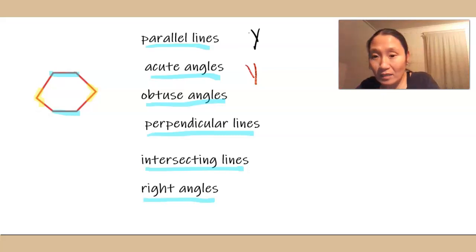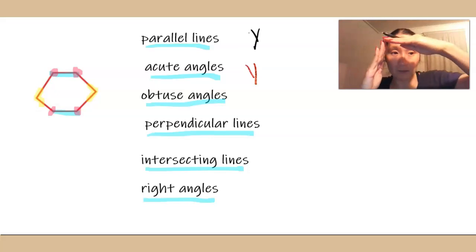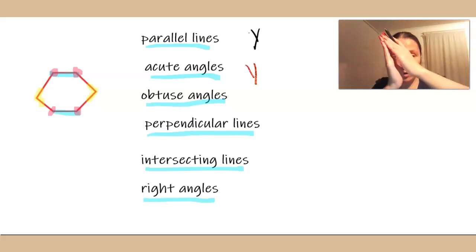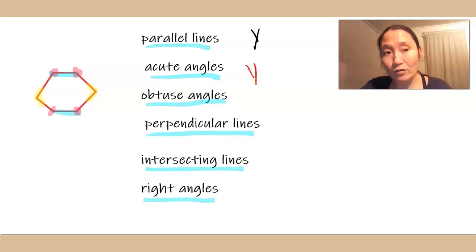The angles that meet right here at this intersection, right here, right here at these two lines, and right here, those are all obtuse. Those two lines meet and they are wider. This is acute, this is obtuse. They are wider than 90 degrees. So yes, this definitely has some obtuse angles.